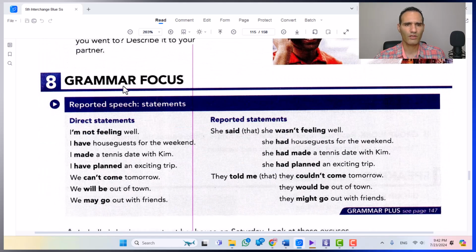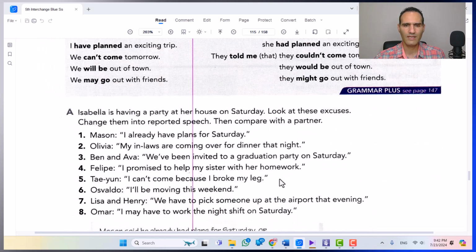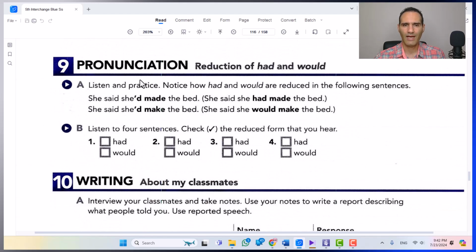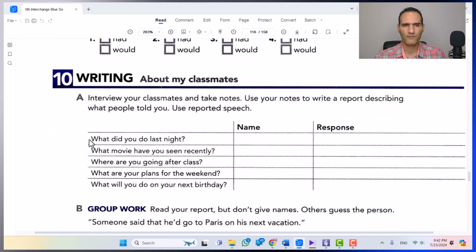The second grammar focus, reported speech, statements. Here the statements, here the reported statements. I just told you to change the pronoun and bring the verb tense one tense back. We did it.